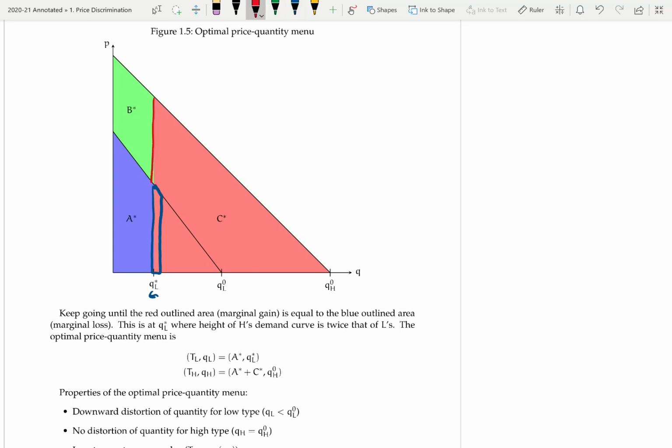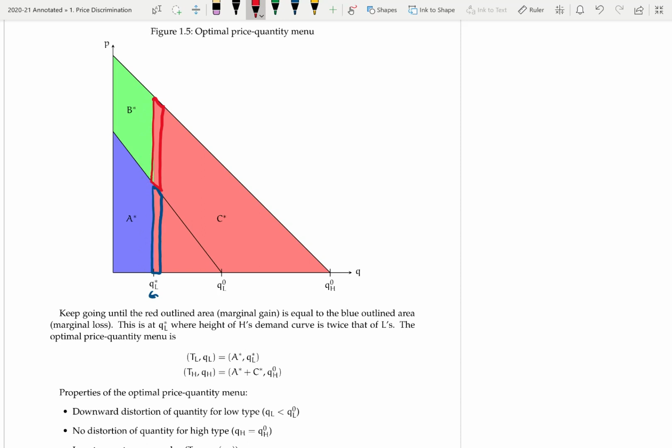The gain is this red outlined area. So this is a gain because the monopolist is able to increase the price in the pair meant for consumer H. And in this diagram we can see those two areas are equal, and therefore the marginal loss and the marginal gain are equal. We don't want to go any further because then the marginal gain will get smaller, the marginal loss will get bigger.